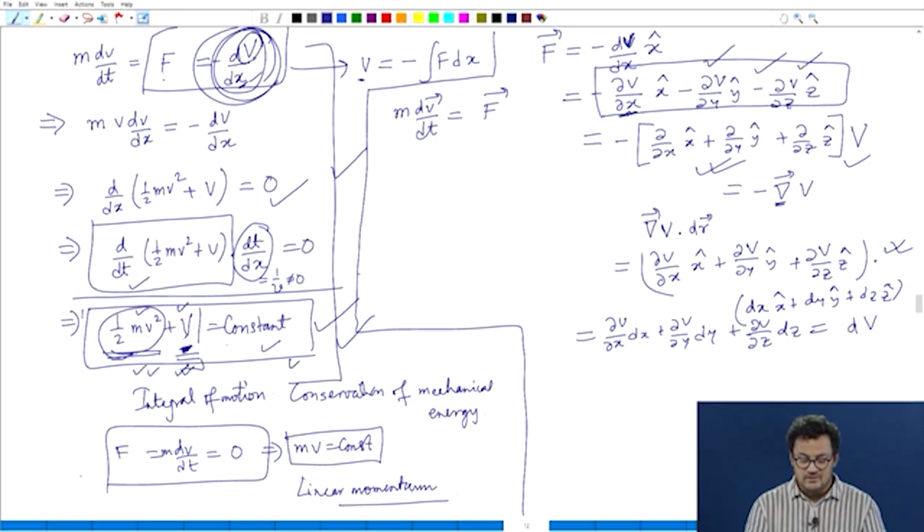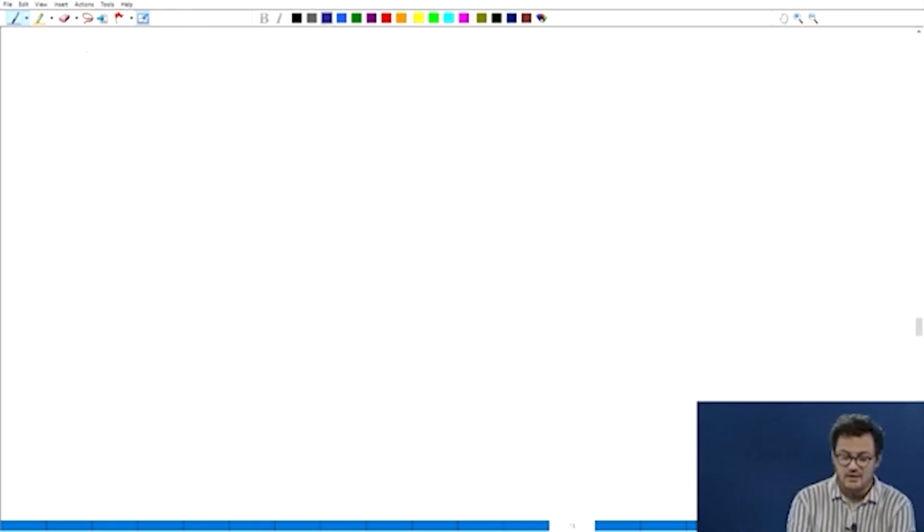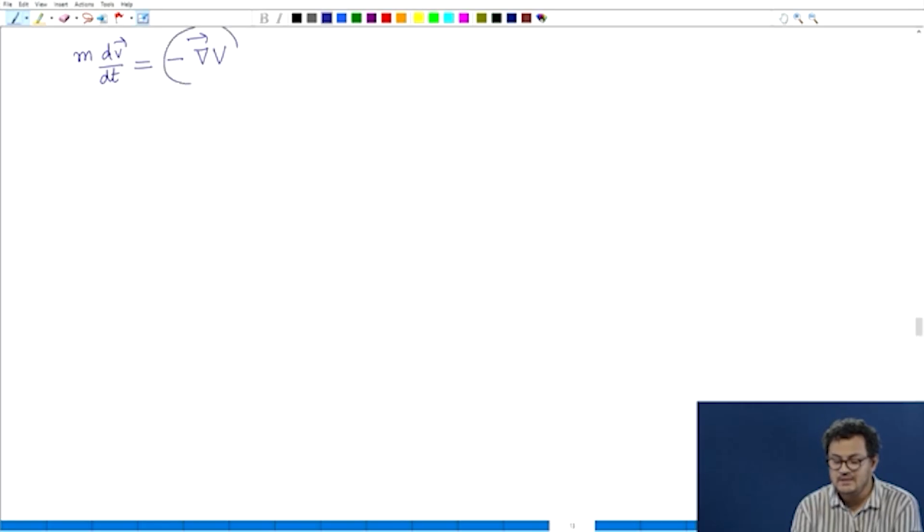That is exactly what we will use for defining another conservation, the conservation of mechanical energy in more than one dimension. Okay. How to do that? We start by saying that I have m dv/dt, and that is equal to, as I was just saying, minus the gradient of V. That is my assumption: my force is in this form. Okay. I will take the dot product of both sides with v.